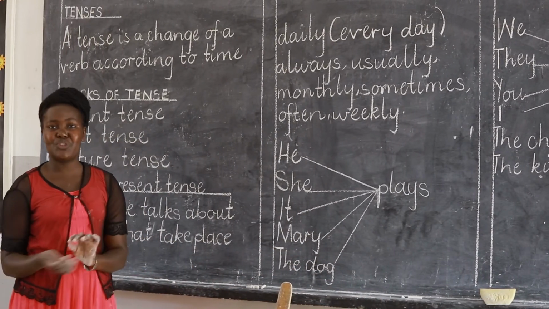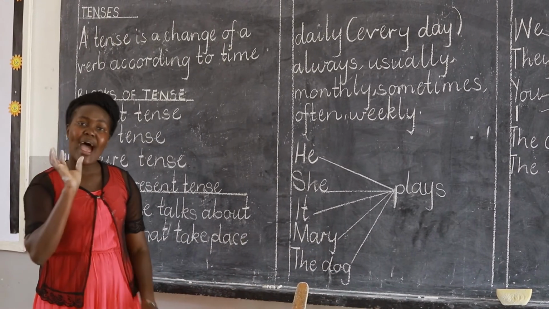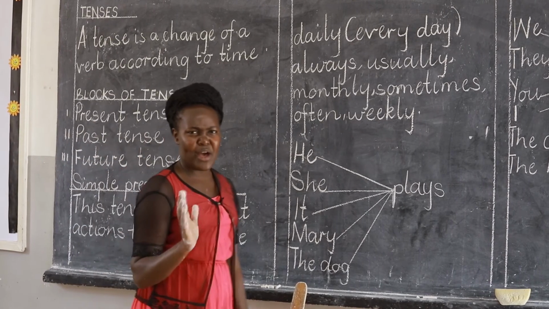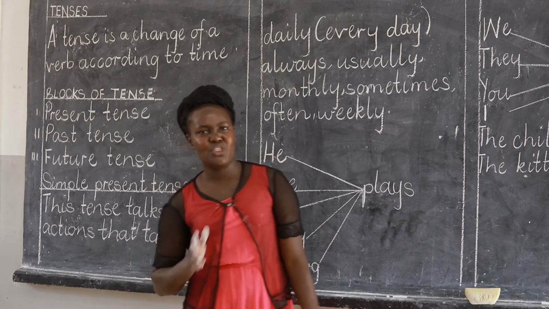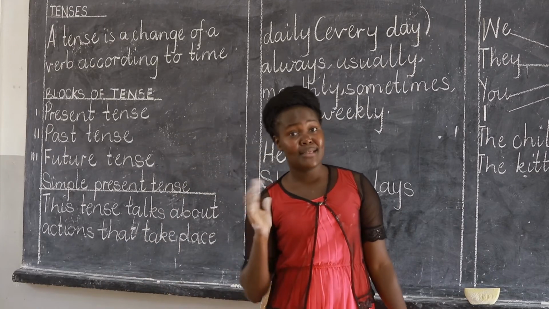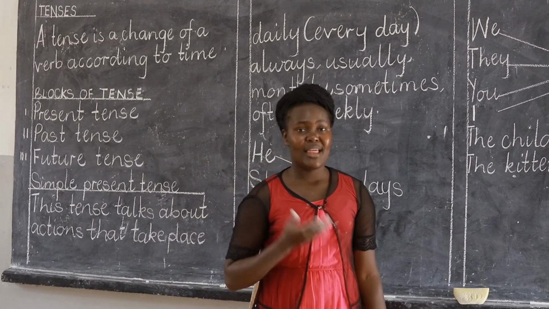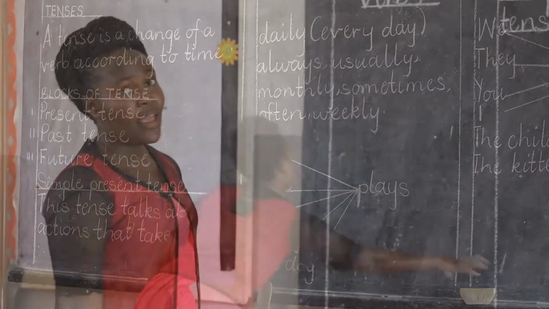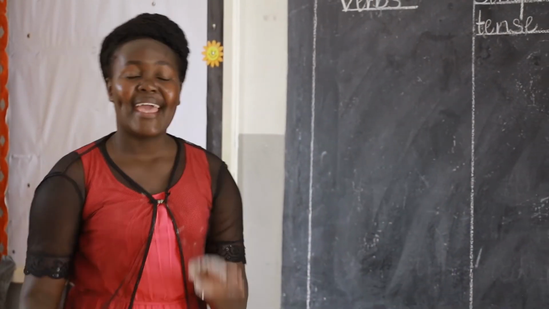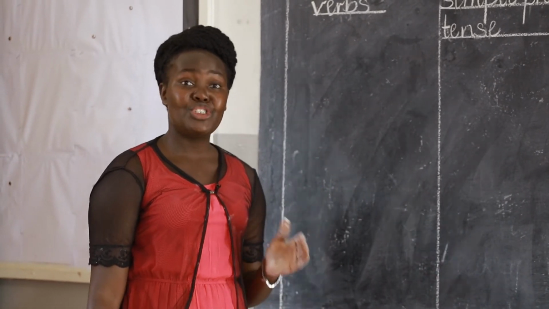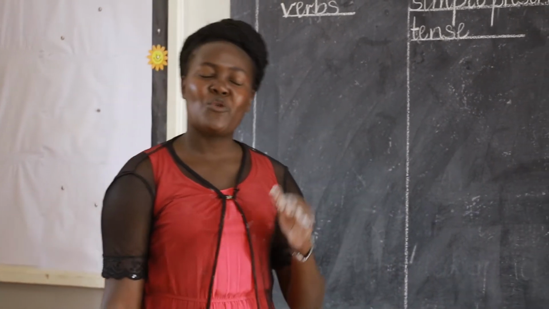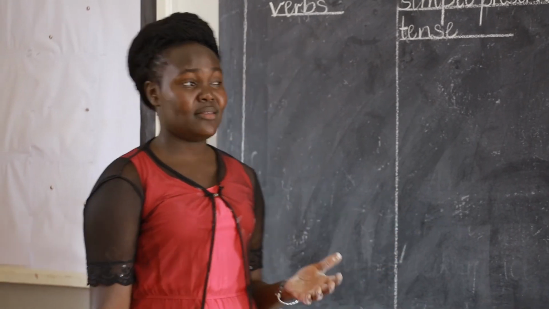I have a lot to tell you because I want us to look at those verbs, how they change from the base form to this tense, that is simple present tense. Let's proceed. Let's see how these verbs, these action words, change to simple present tense.